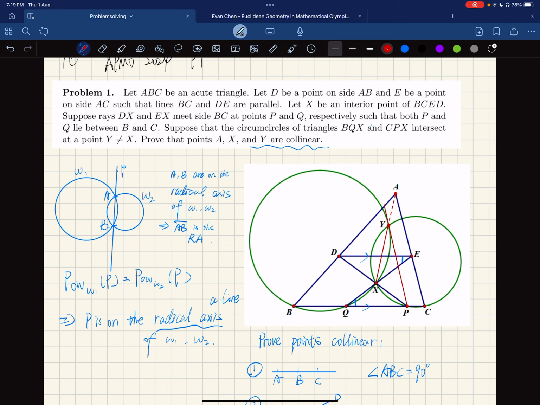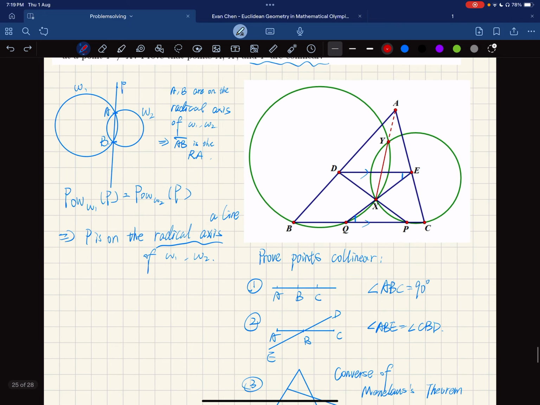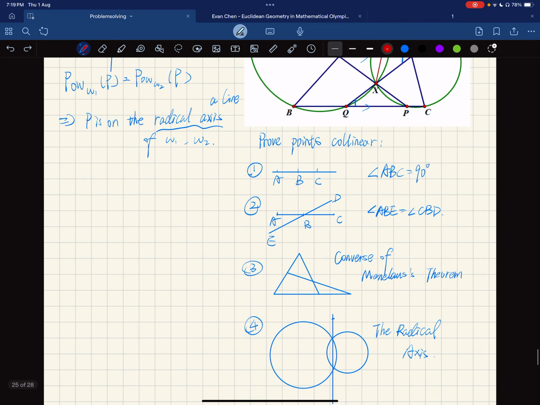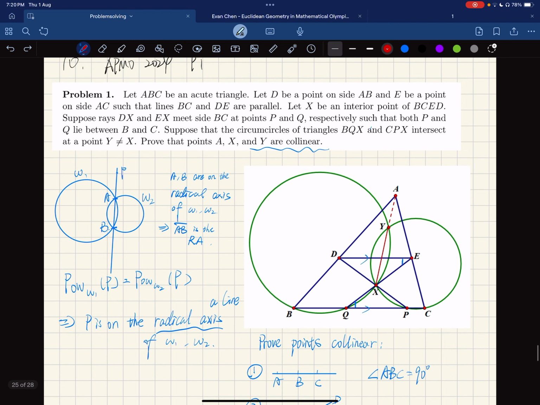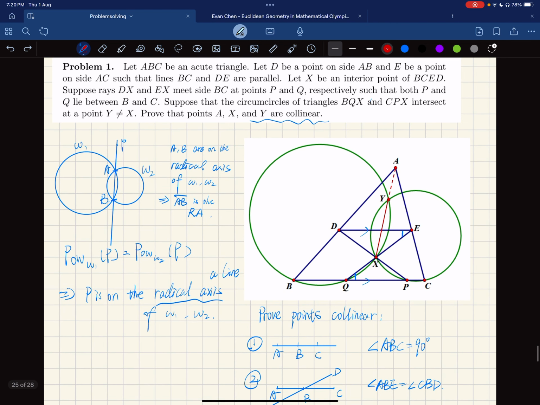But how can we find information about this intersection point? It is hard. So we finally choose the radical axis because we already have two circles that intersect.